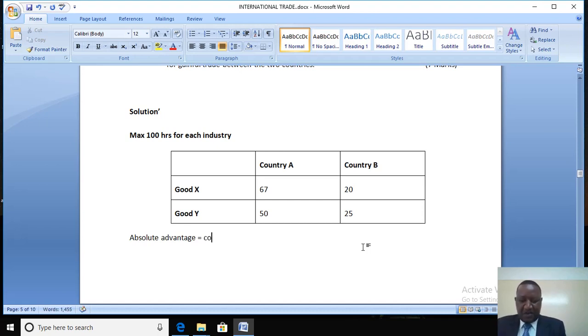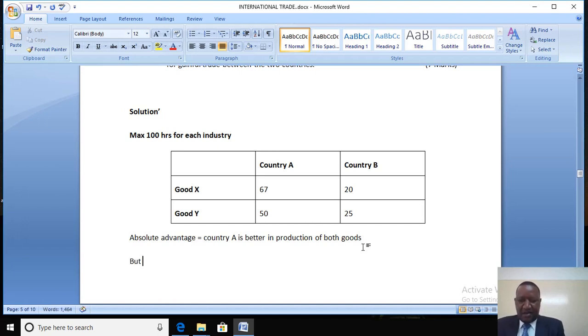So will there be gainful trade? Your answer should be no, because country A is better.